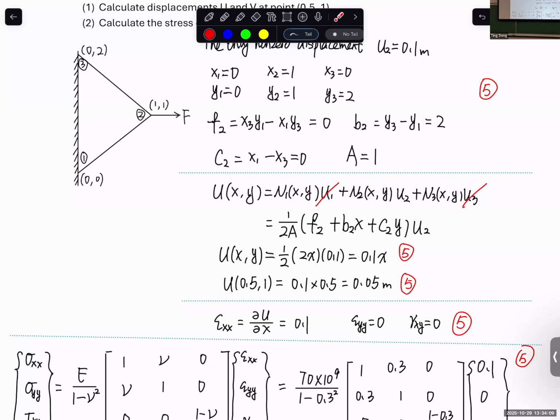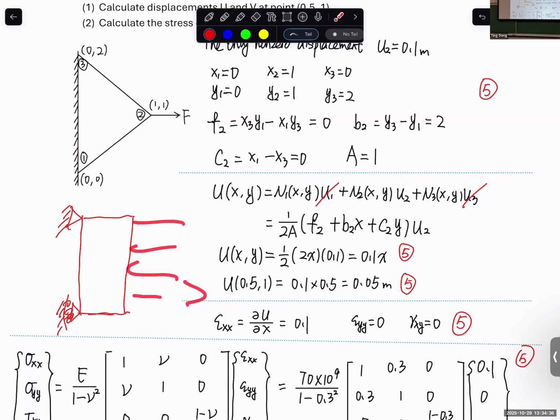Let me do it more clearly here. If we had a situation like this, and I put roller support, one can be roller support, one can be pin joint. So let's say we put the pin joint here and the roller support here, and I apply a uniform tension here.